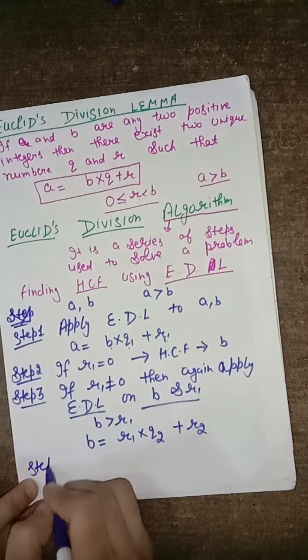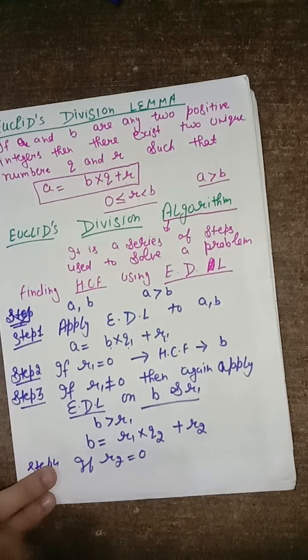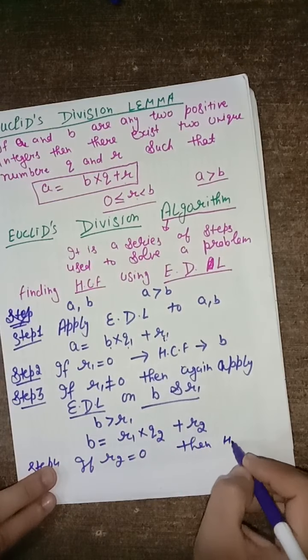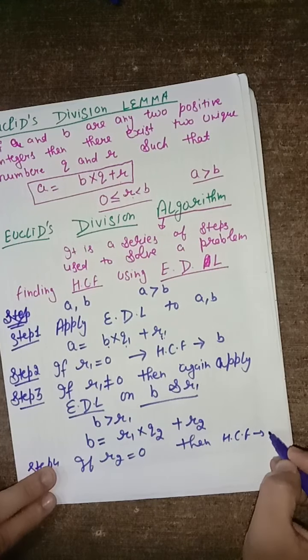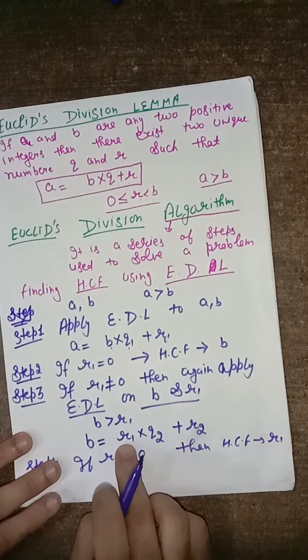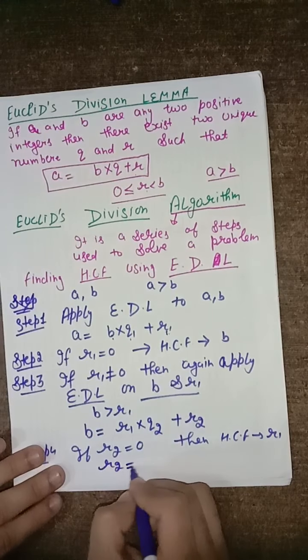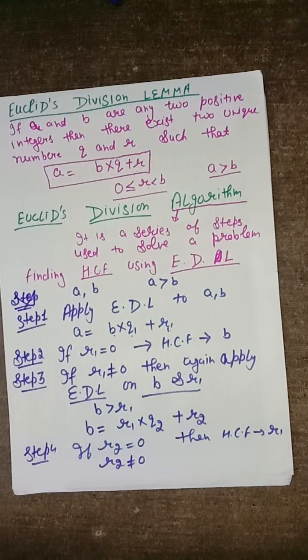Now the fourth step: if R2 is 0, then HCF will be this divisor. Here the divisor is R1, so HCF will be R1. But if R2 is not equal to 0, then again apply Euclid division lemma, and this continues till we do not get remainder equal to 0.